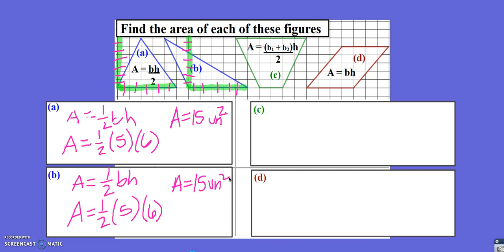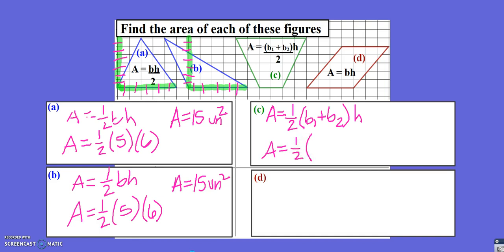Now C is a trapezoid. We can see our formula here. We have A is equal to, this divided by 2 is the same as multiplying by 1/2. So we've been writing it as A equals 1/2 B1 plus B2 times the height. We're going to plug in A equals 1/2.